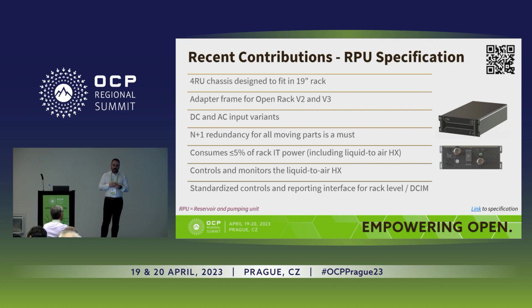For sure, N+1 redundancy in all moving components is very important to consider. And energy efficiency is also important: this unit, including the fans and everything of the cooling system, should consume less than 5% of the IT gear. For sure, controls and monitoring for the whole system will be considered.